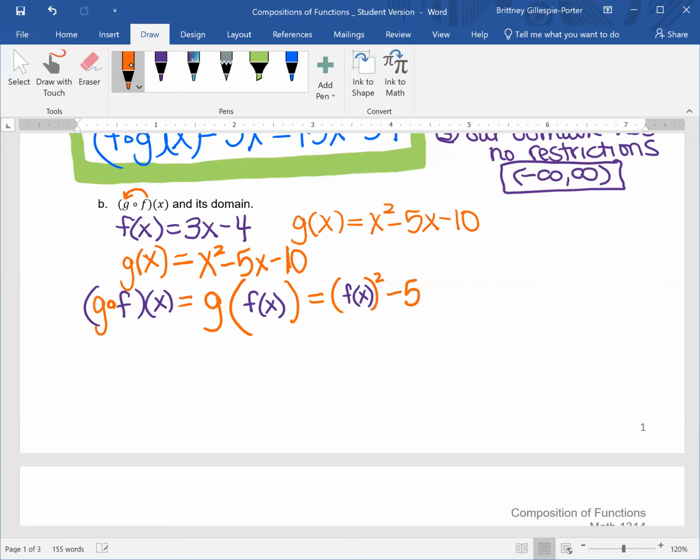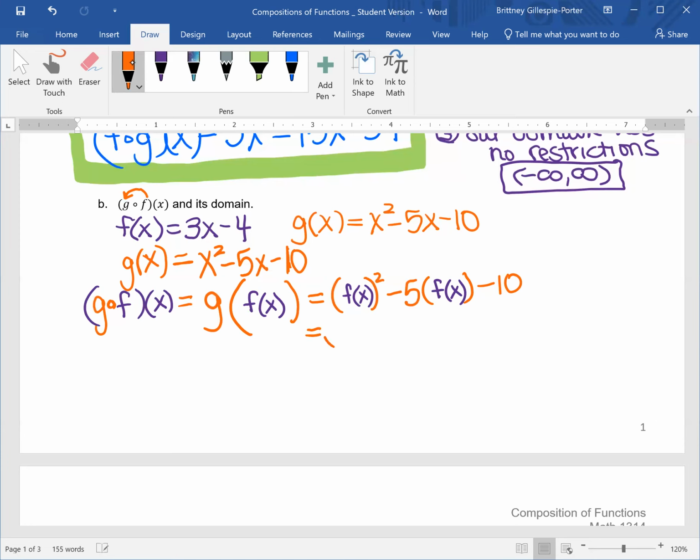Minus, instead of 5x, we're going to have 5 of f of x. And the minus 10 stays the same. If at this point we were in the classroom together, I would ask you why, but since I can't do that, I'll just tell you that negative 10 doesn't have an x, so we can't do anything with him.